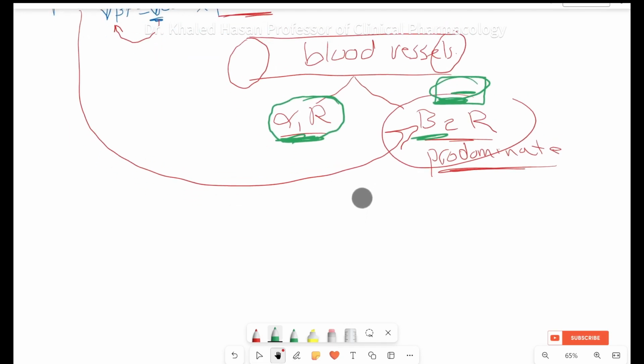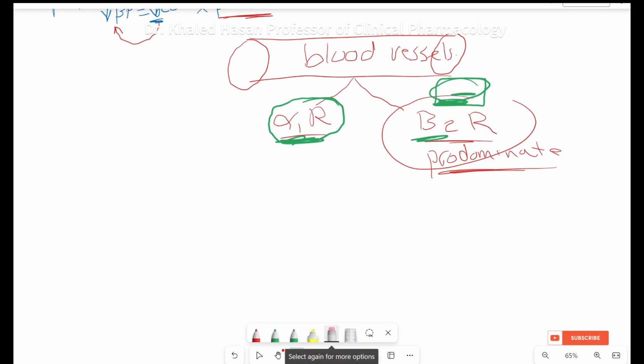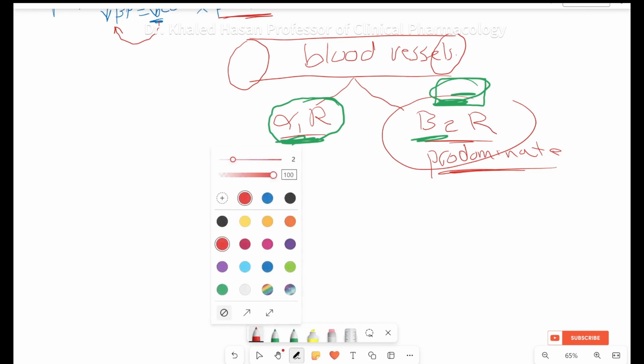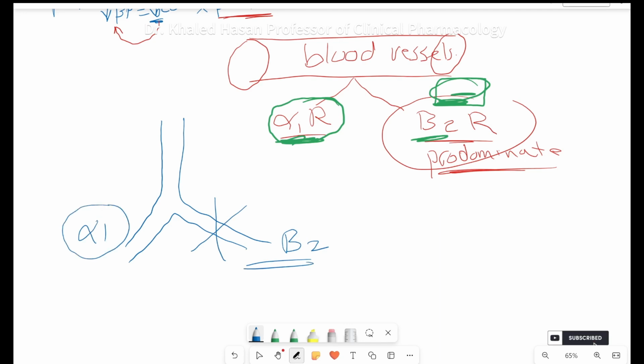We always mimic this situation like a river, and this river has two branches: a beta 2 branch and an alpha 1 receptor branch. If you block the beta 2 receptor, the activity of alpha 1 will increase.